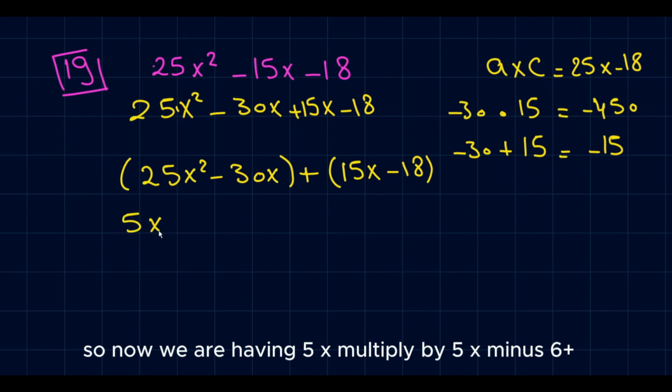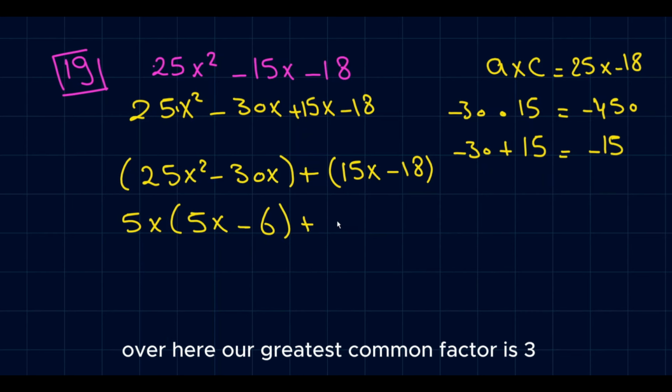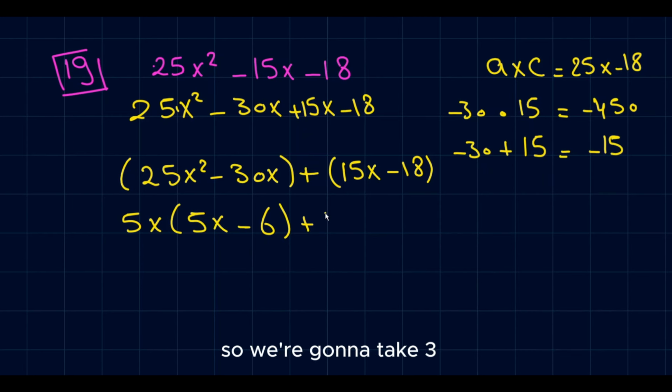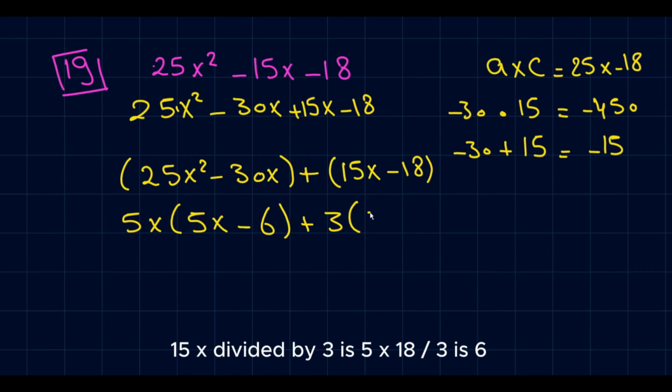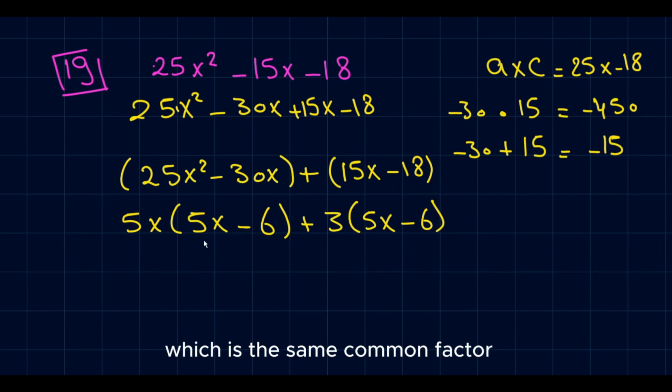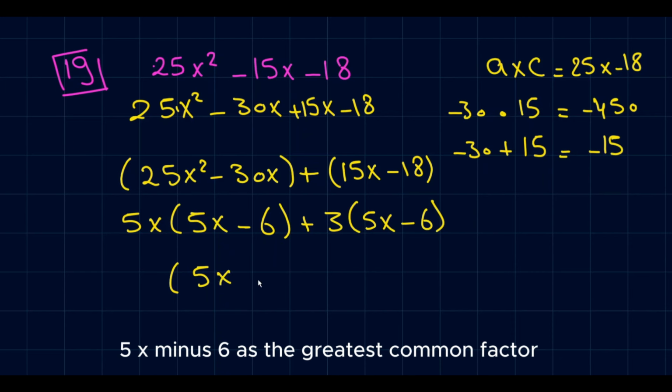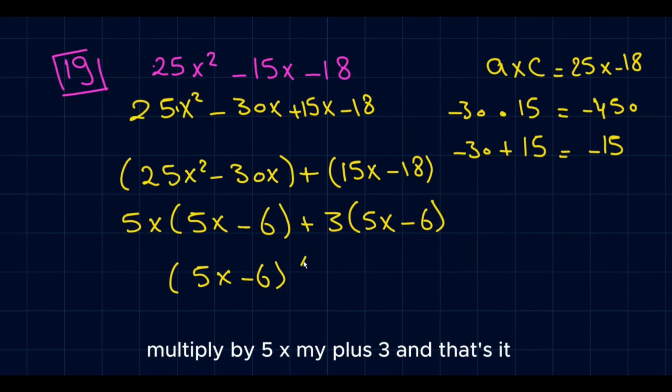So now we are having 5x multiplied by 5x minus 6, plus, over here our greatest common factor is 3. So we're gonna take 3. 15x divided by 3 is 5x, 18 divided by 3 is 6, which is the same common factor. So we are gonna have 5x minus 6 as the common factor multiplied by 5x plus 3. And that's it.